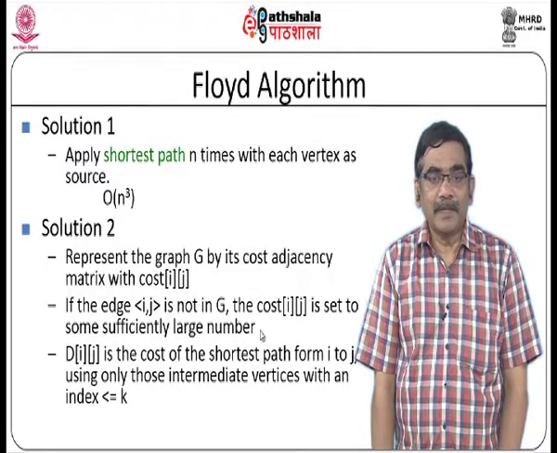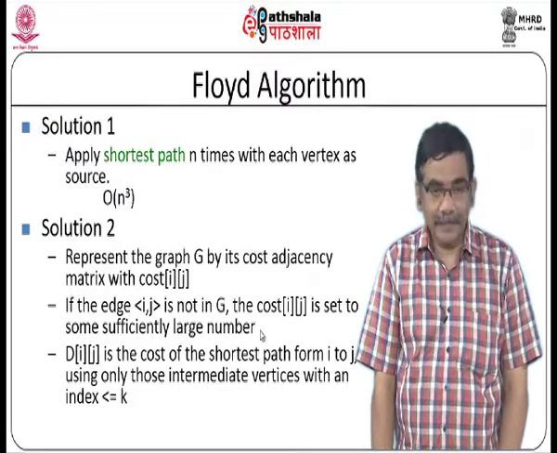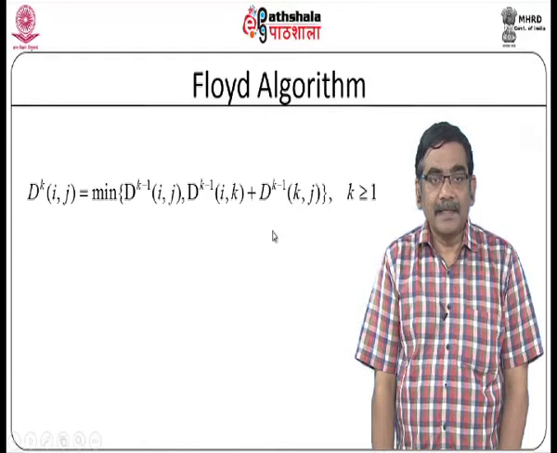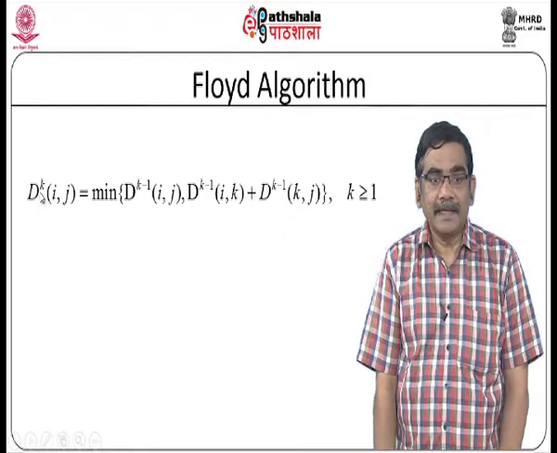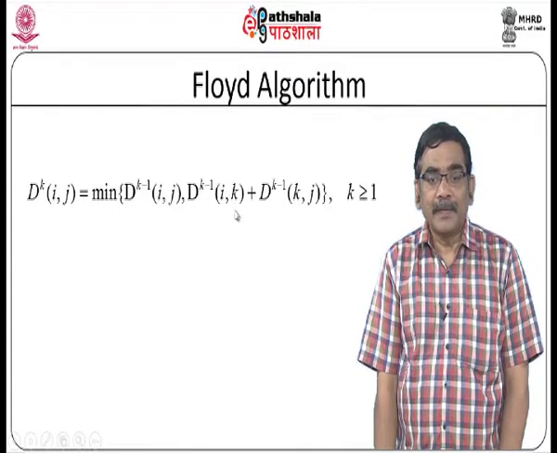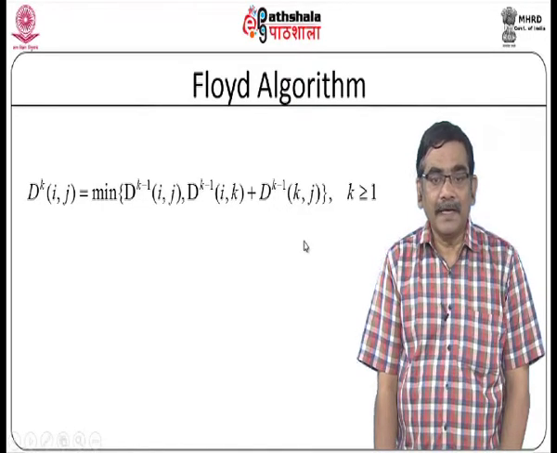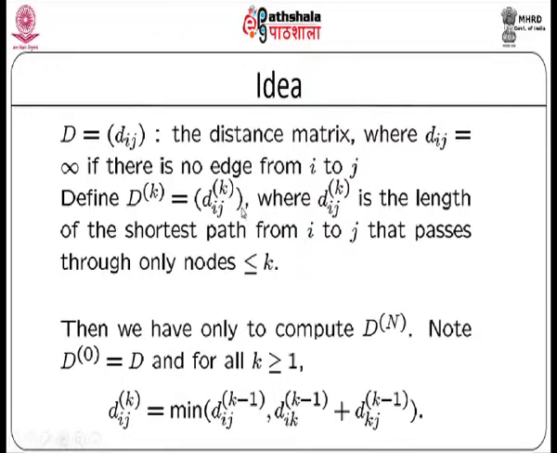The minimum is entered into the matrix. You can recollect the similarity between this and the transitive closure. In the kth iteration the values are obtained by taking the minimum of the previous iteration value and the sum of the paths from i to k and k to j. This is the core idea of Floyd's algorithm.